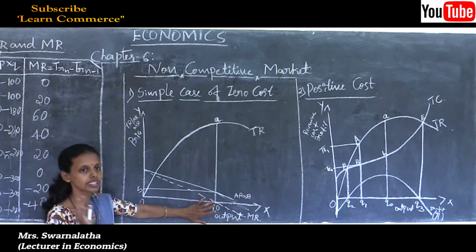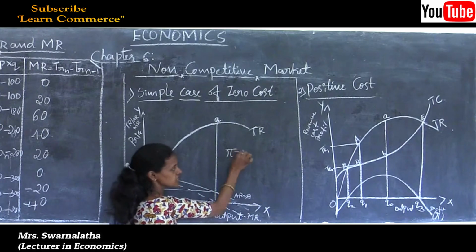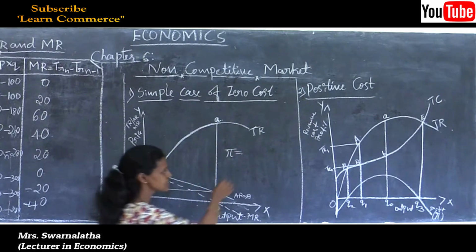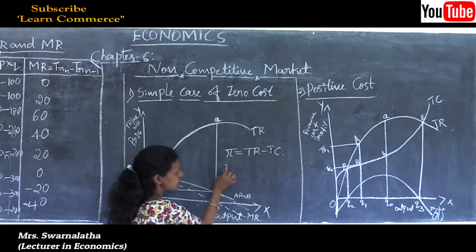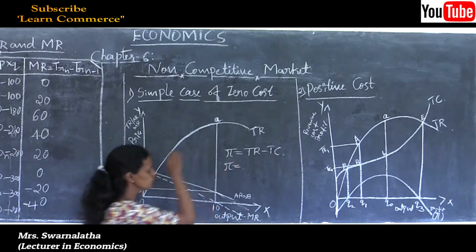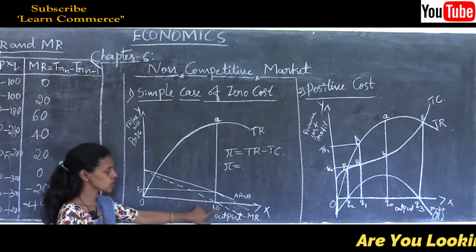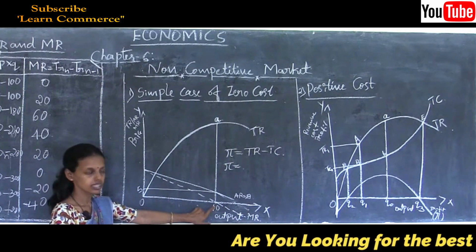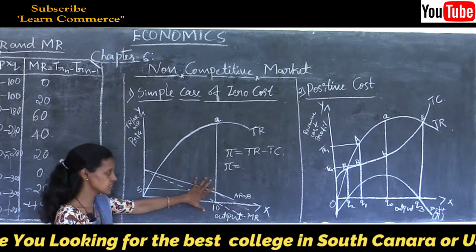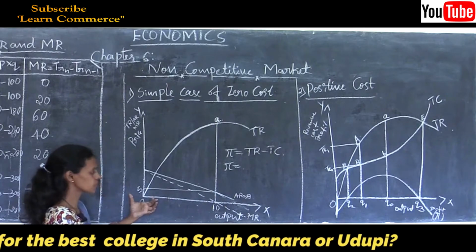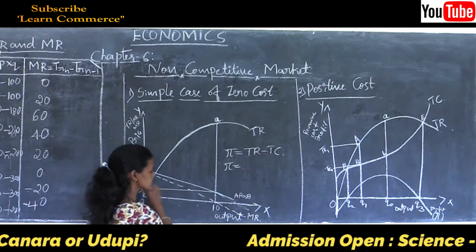How to calculate the profit? As we know, to calculate profit we use the formula pi is equal to TR minus TC, that is, total revenue earned by the firm minus total cost of production. So first we should do P into Q, total revenue, price into quantity.